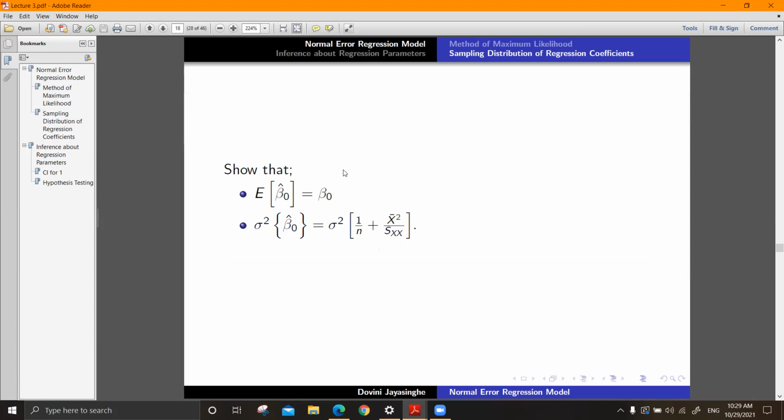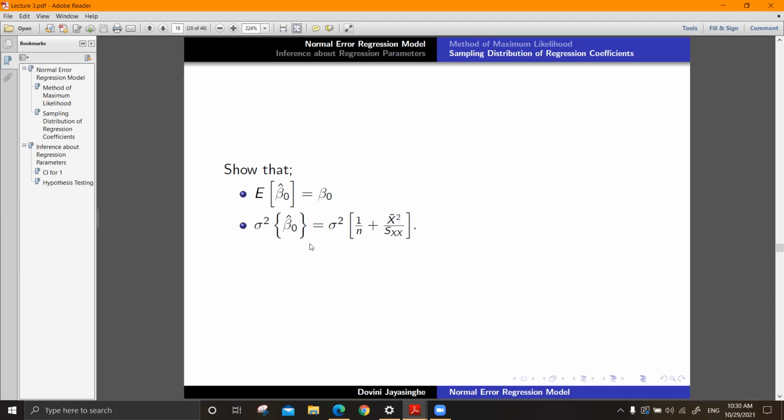So as an example, I think this one I proved last time. Not properly, but I showed you. It was not a proper proof. I showed you how that is happening. This one, just try to get it. This is basically the variance of this. Estimated variance is something else. This is the variance of beta naught hat, right?